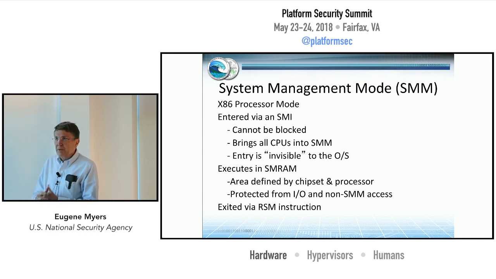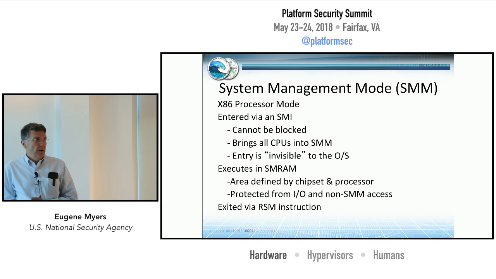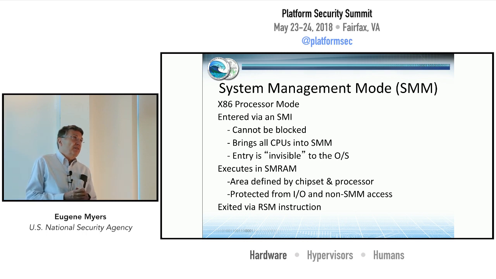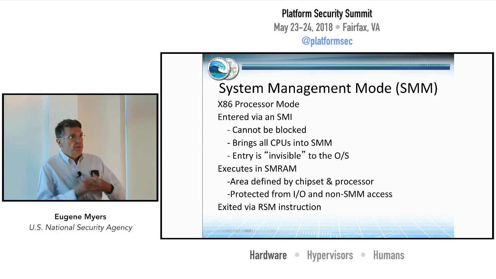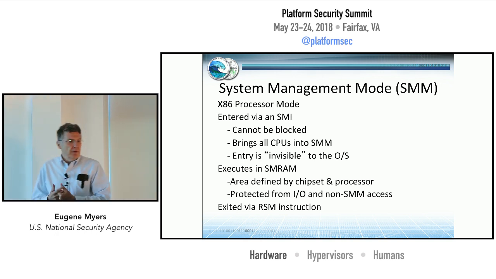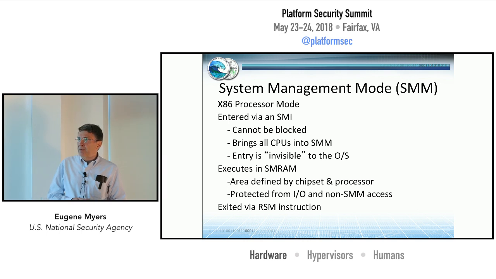It's entered normally only by a system management interrupt, SMI. Normally this cannot be blocked. There are certain ways you can block it in certain situations of the processor, but in normal usage it's not blocked. What happens is it takes all the CPUs, brings them into system management mode, and the operating system at this point does not know that it's happened.